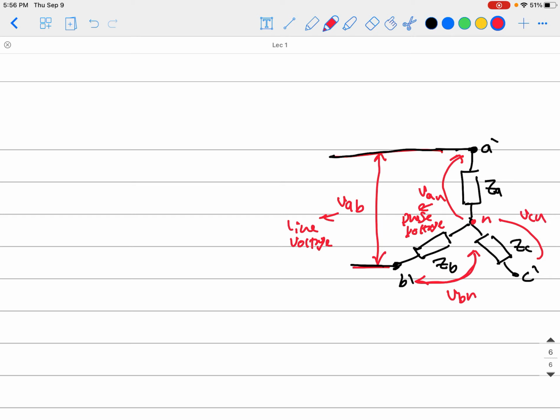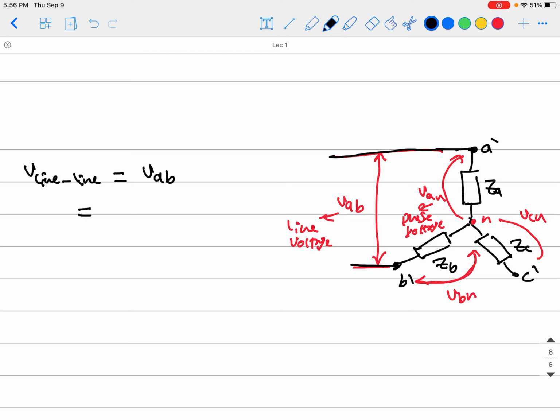And you know that VAN in magnitude equals VBN equals VCN, but they have a phase difference of 120 degrees, 2 pi over 3. But what if you want to calculate this line voltage, V line to line, which is VAB?